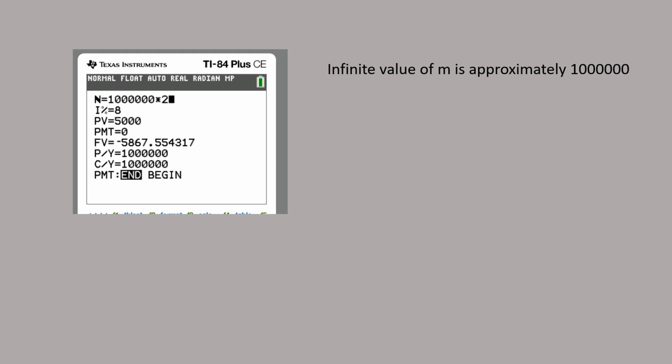That amount multiplied by 2 will be my n, and this amount will be the payments per year. Using this also, I can get the same future value, $5,867.56. So if I use a large amount for n and for the payments per year, that will give you the correct future value.